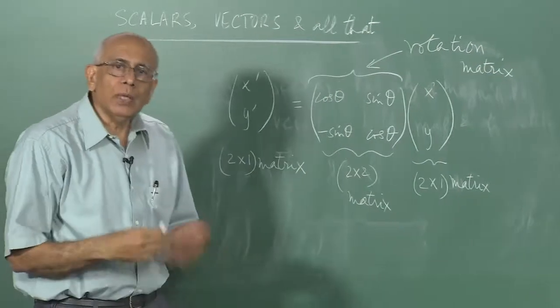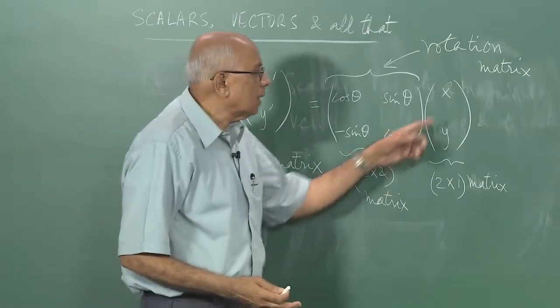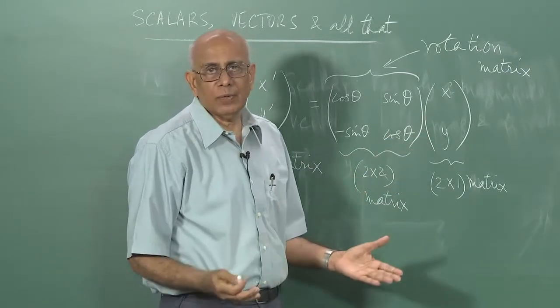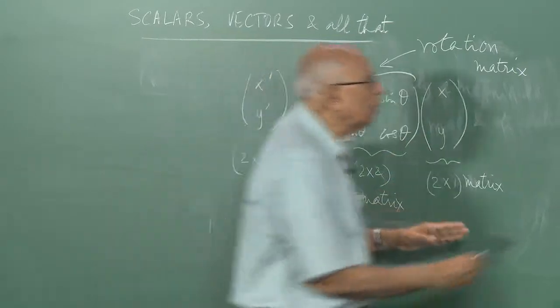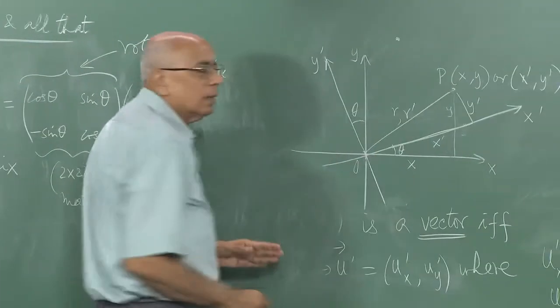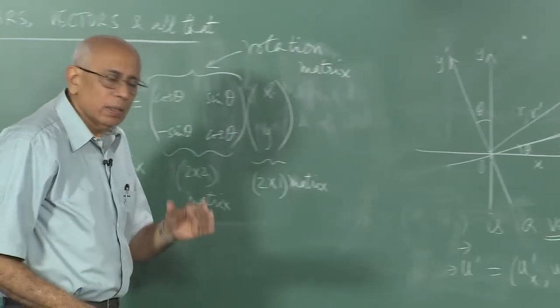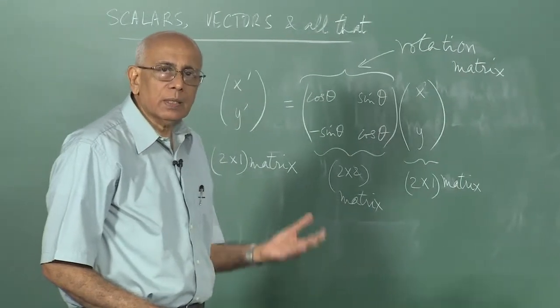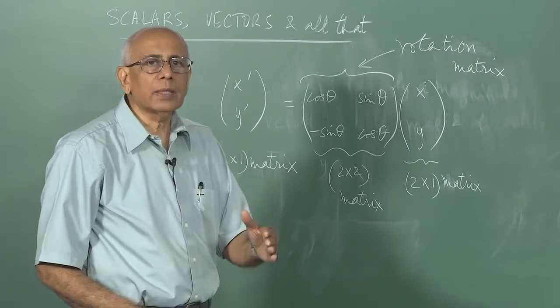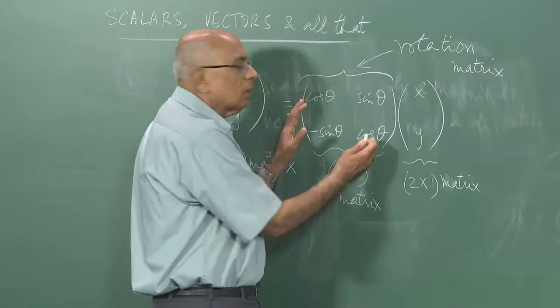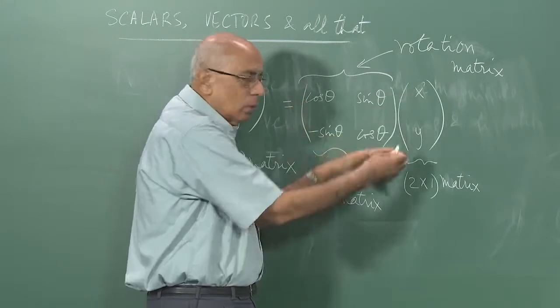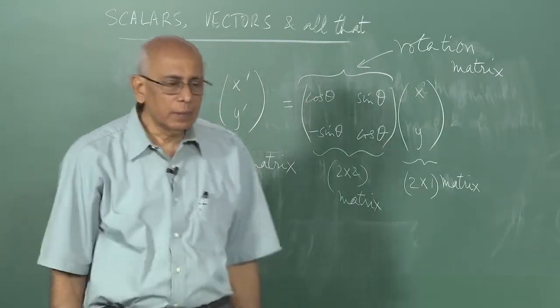And it depends only on the rotation. It does not depend on the coordinate of any particular point, because that is the whole issue. Any point, anywhere, is transformed. In the old coordinates, it has certain components. In the new coordinates, it has different components which are related to the old ones by the action of this rotation matrix on the old components in this fashion.